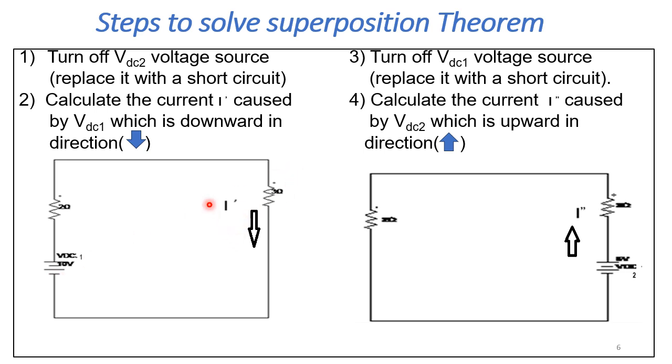The direction of this I dash current is downward. Then in the next step, turn off VDC1 and replace it with a short circuit and calculate the current flowing through this 3 ohm resistance. Now it is denoted as I double dash and its direction is upward.